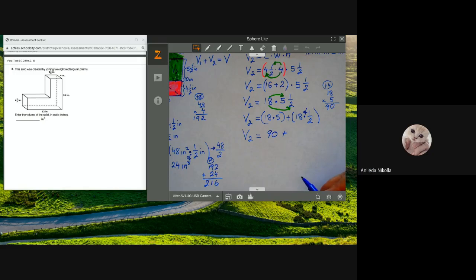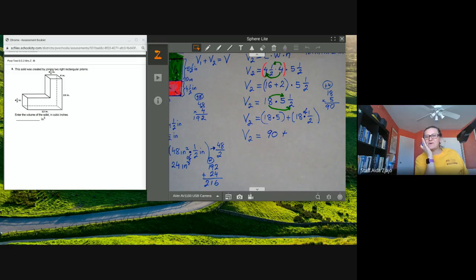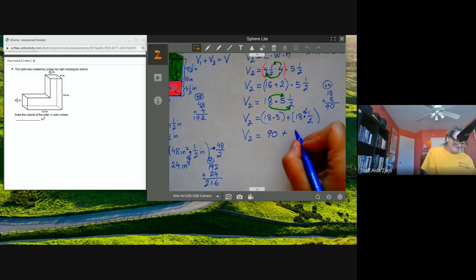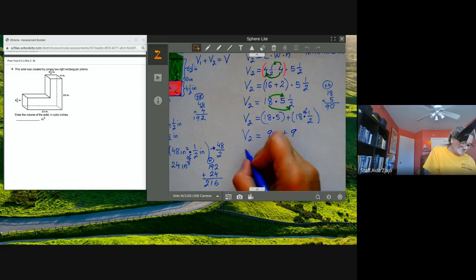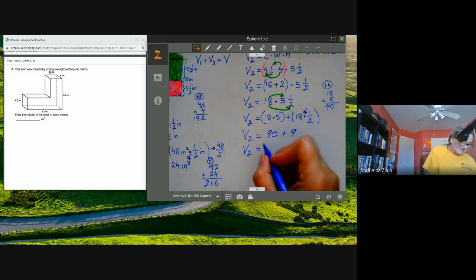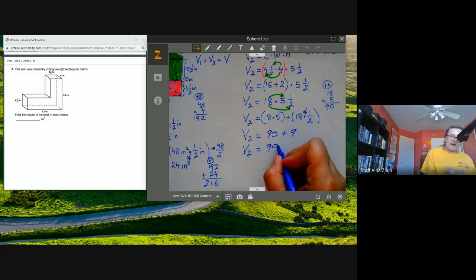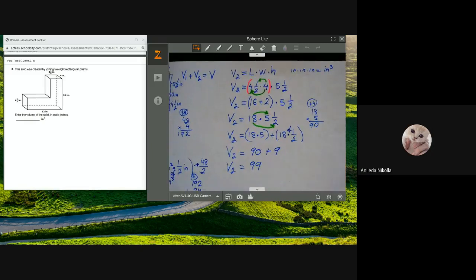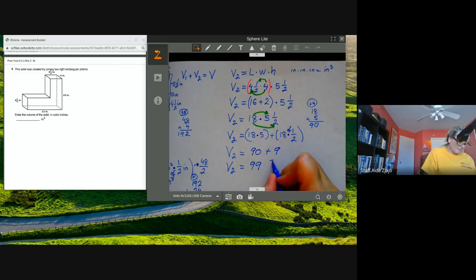Two times what makes 18? It is 9. You bet. I know you can do it. So altogether it is 99 what? 99 cubic inches. Bravo.